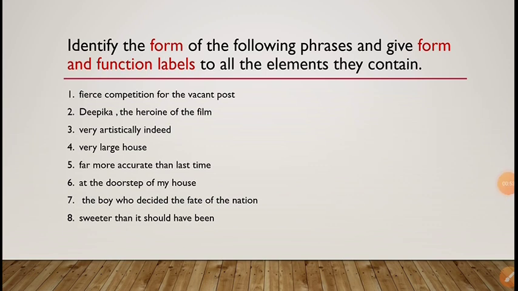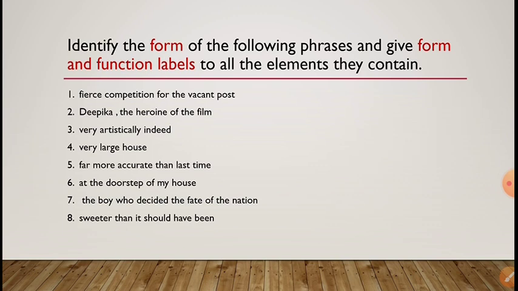Here on the screen you can see I have written 8 sentences and now we are going to solve these sentences. The question is written here. Generally such kind of question you will find in the grammar paper of university papers.